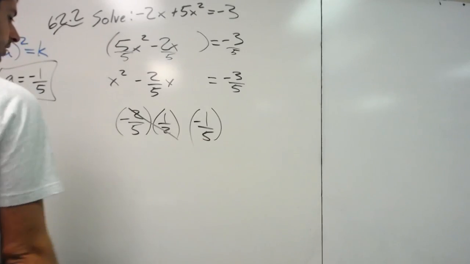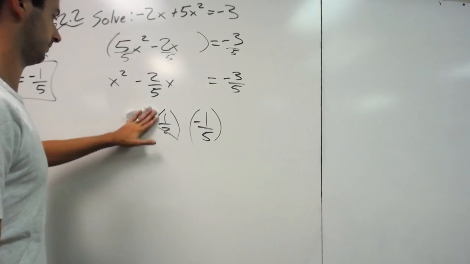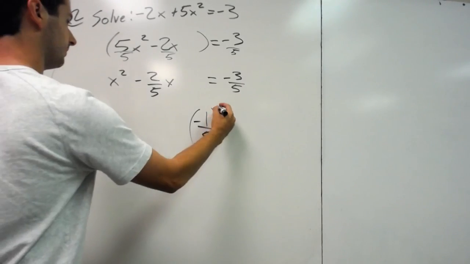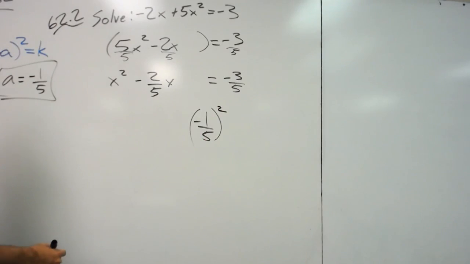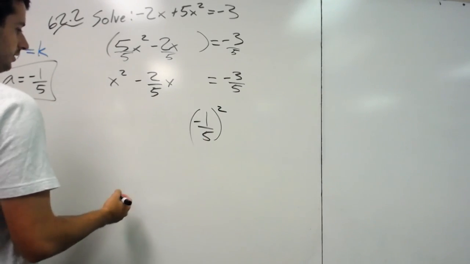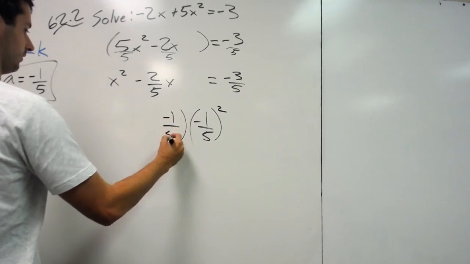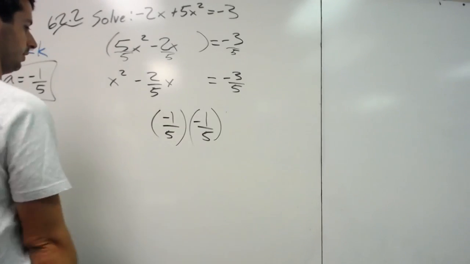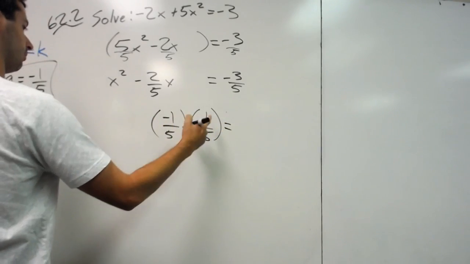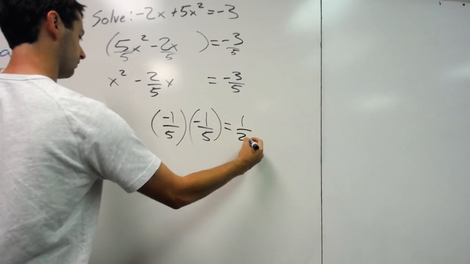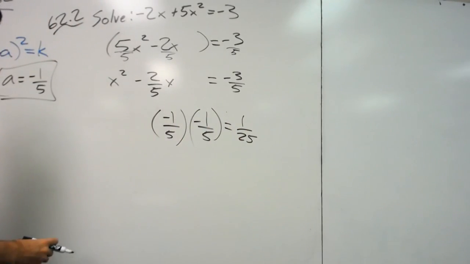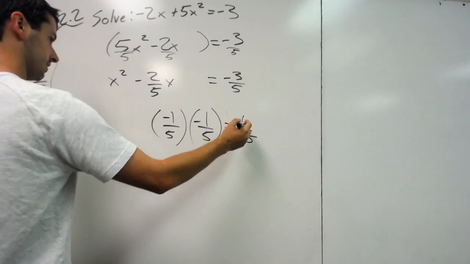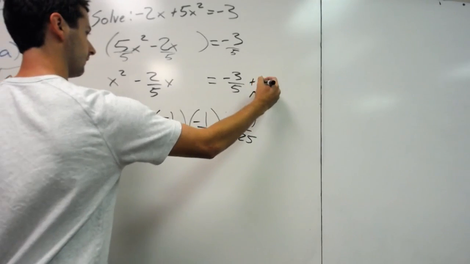From here we have to find k, so we square it, and we get negative 1 times negative 1 is positive 1 over 25. Take our positive 1 over 25 and plug it in.